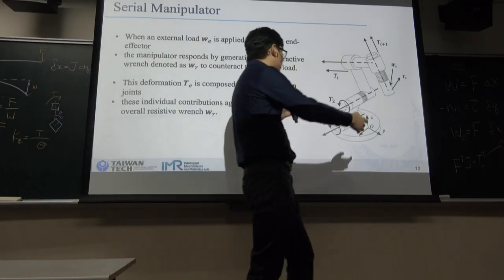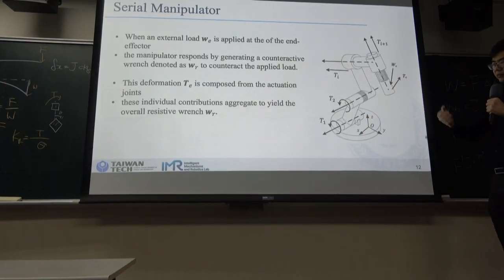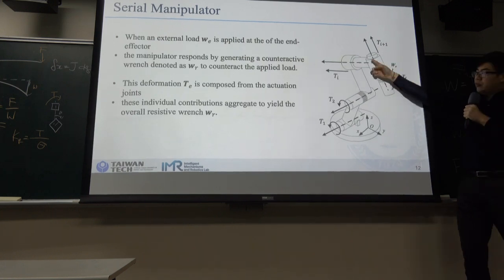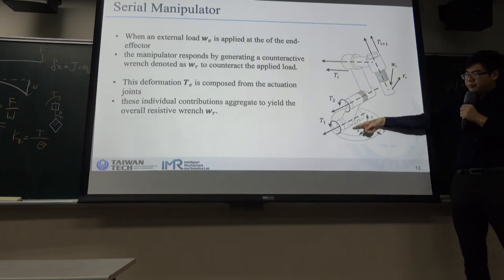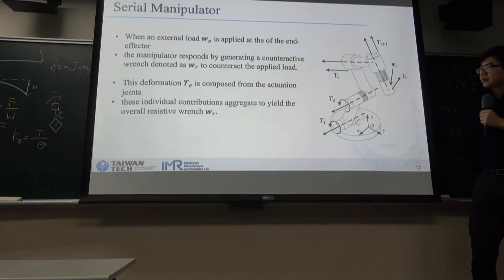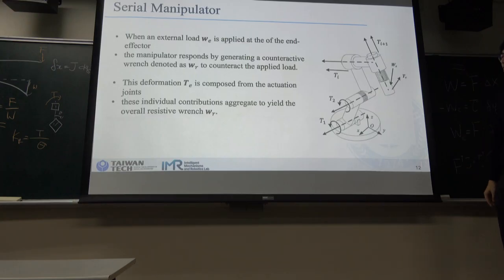So we can come back to this manipulator figure. This is always about the external force applied on the end effector, and what is the relationship to each joint? What is the torque of each joint?